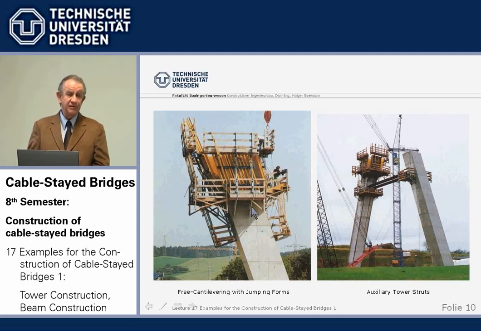Then we have, in free cantilevering upwards, the possibility to use sliding forms, Gleitschalung, or jumping forms, Kletterschalung. Sliding forms may be a little bit more economic, but they have the problem that built-in items are sometimes not exactly where they should be because of the sliding process.